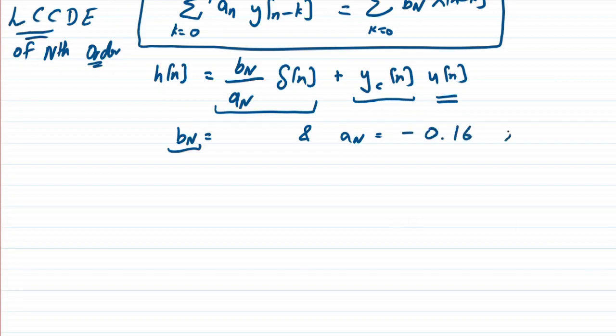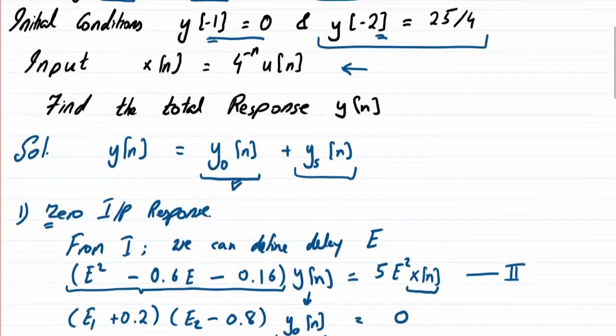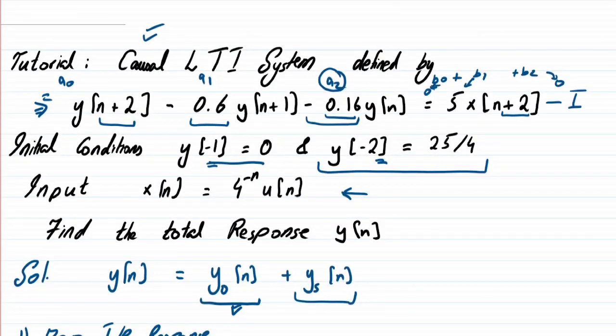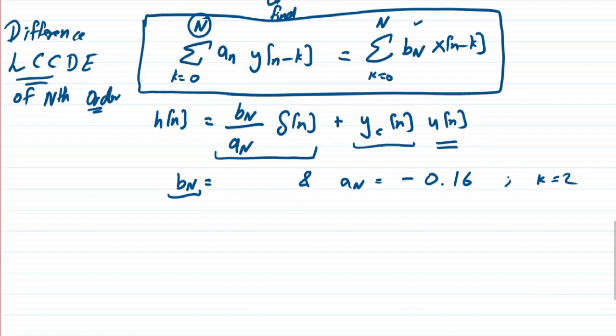Note that for this we have set k equal to 2. So when we set k equal to 2 in b_n, b2 is 0 into x of n, so b2 is 0 here. The last coefficient is basically 0 as per this difference equation. So this means that b_n is 0.